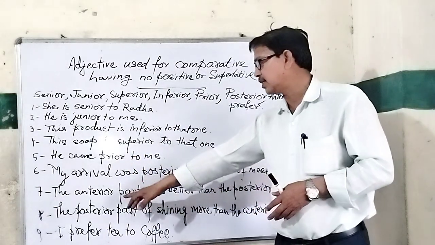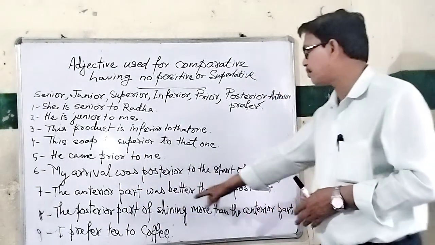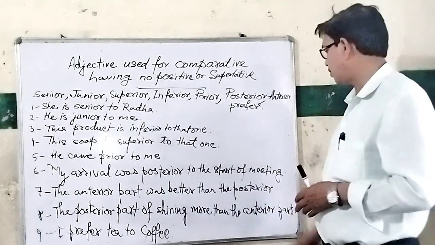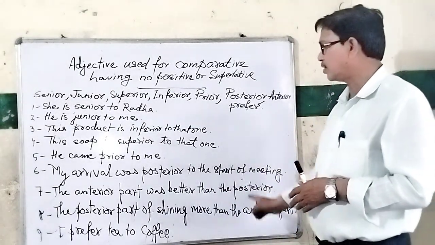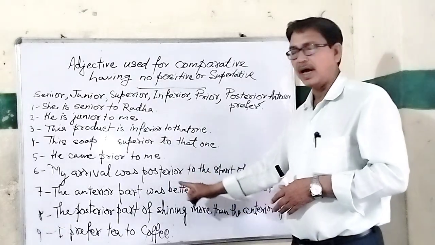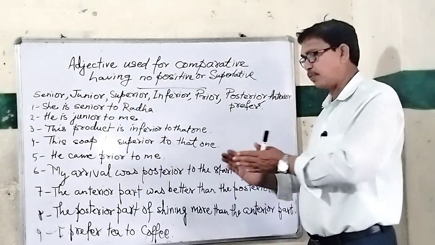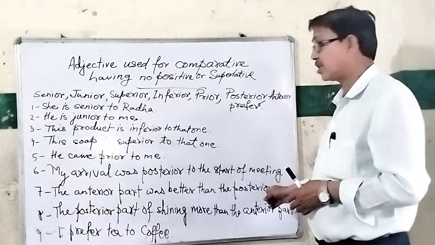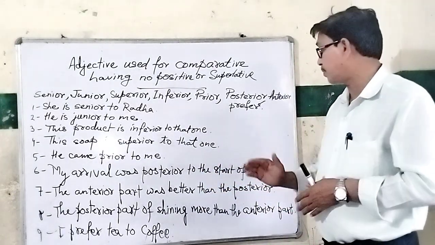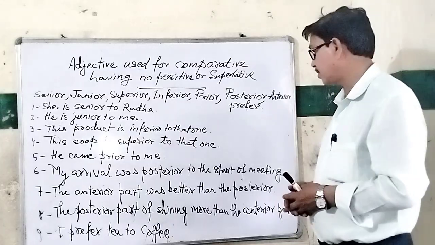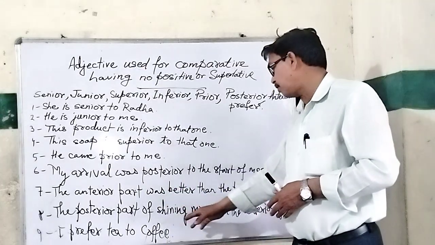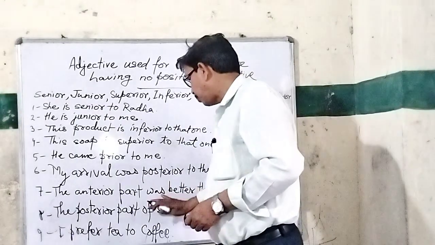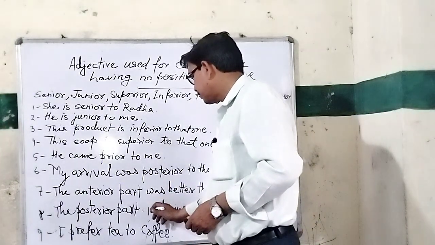Here in the 7th example, you see the interior part was better than the posterior. You should be careful that the word posterior is used in the sense of time as well as in the sense of position, location. So the interior part was better than the posterior. It means the inner part is better than the outer part. The posterior part is shining.